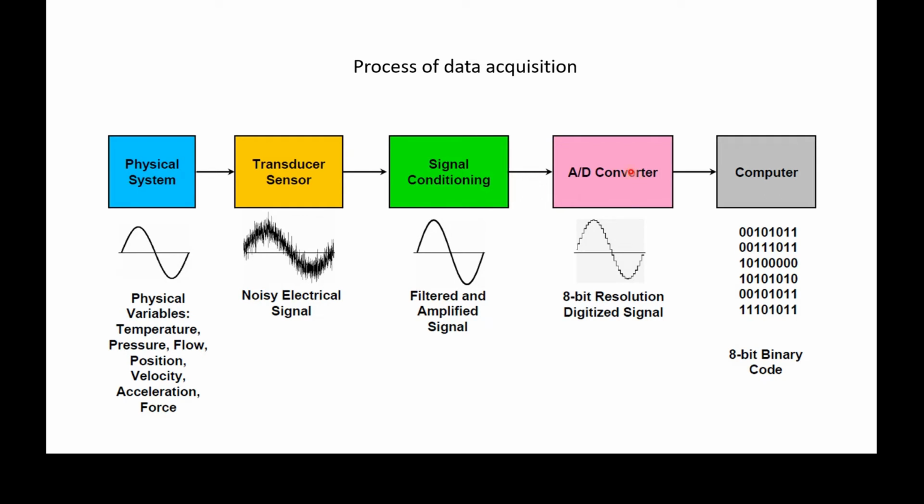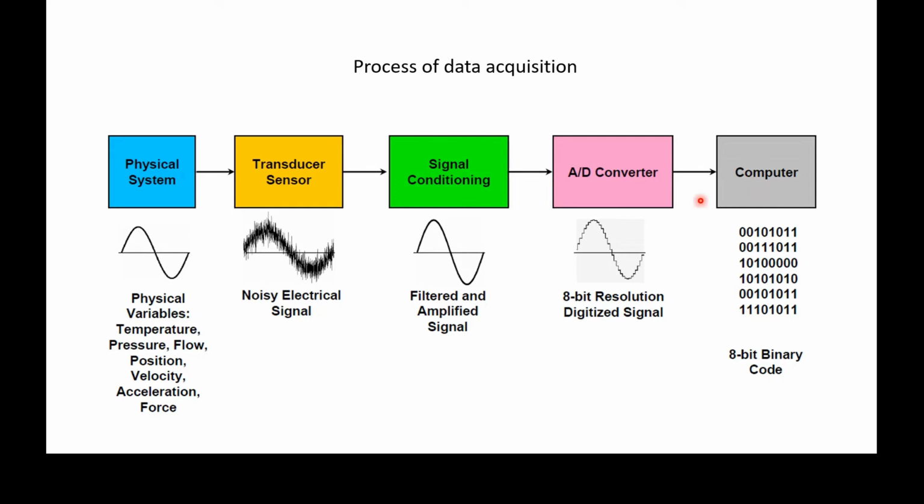We want to use an analog to digital converter, which then will be useful to provide a computer with a digitized signal. And digitized signals we can handle quite well.